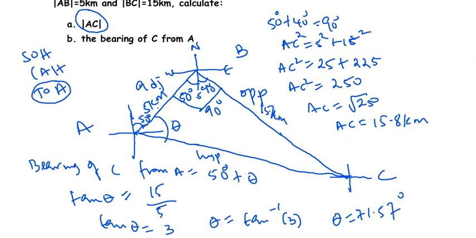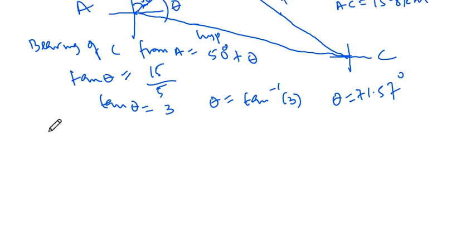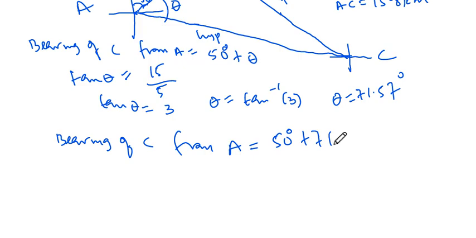So our bearing, remember our bearing is 50 degrees plus theta. So the bearing of C from A is equal to 50 degrees plus 71.57 degrees. That's 121.57 degrees.